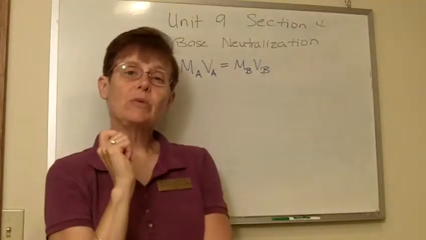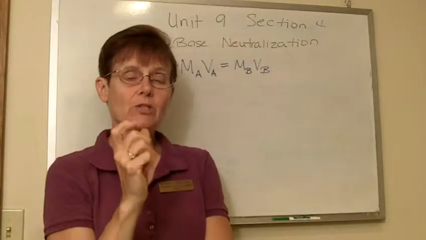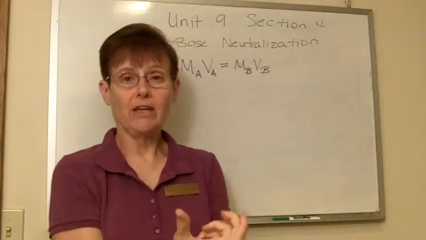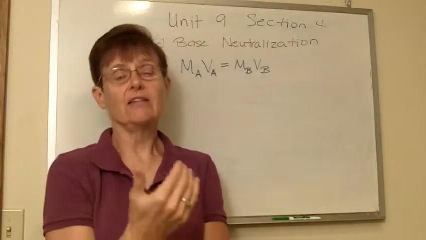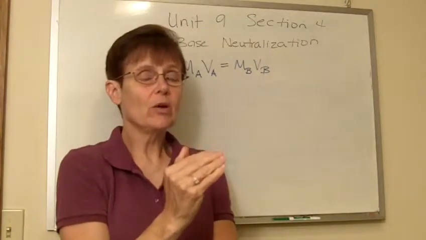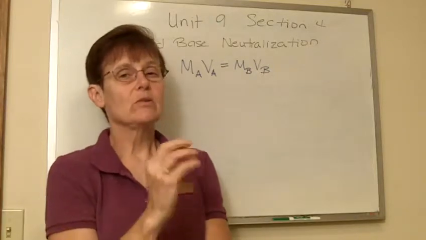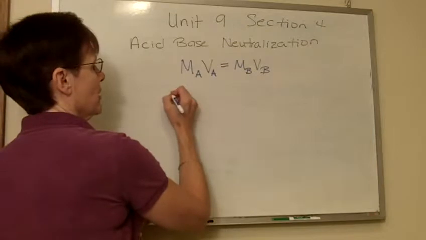And if you remember, when we did that experiment, that titration that we did in lab, we talked about the fact that when that flask turned pink, that was our indication that we had equal number of moles of acid and base, because that pink color came from us just going over the edge to getting just enough base in there so that we could see the color. So it was essentially equal number of moles of acid and base. Now, molarity, what is that?